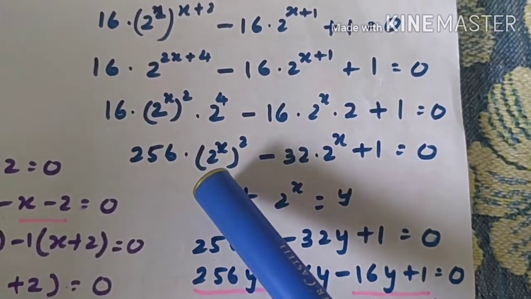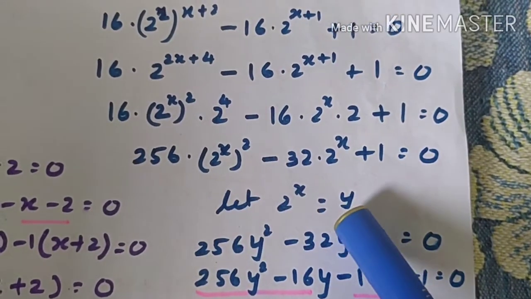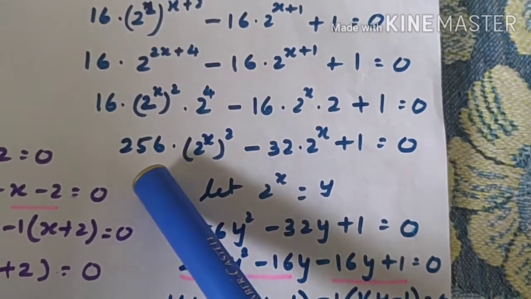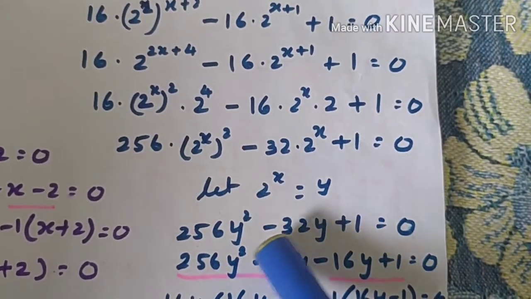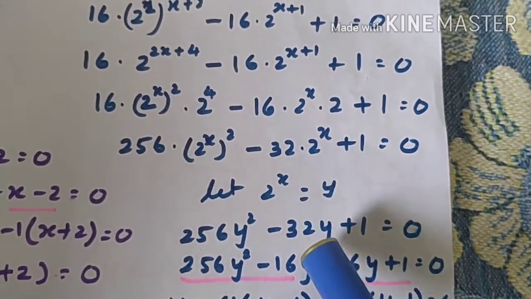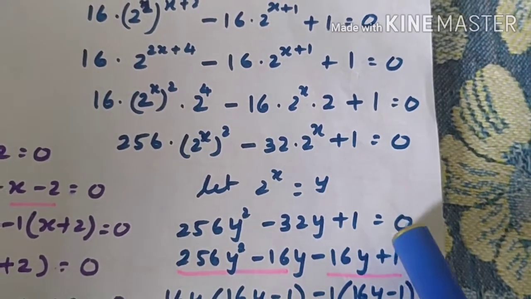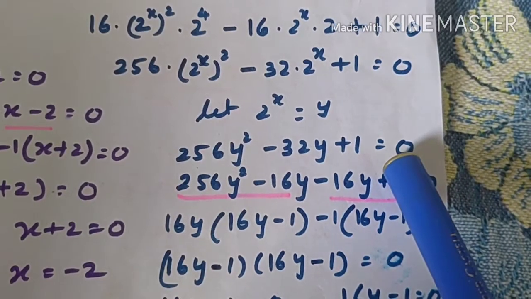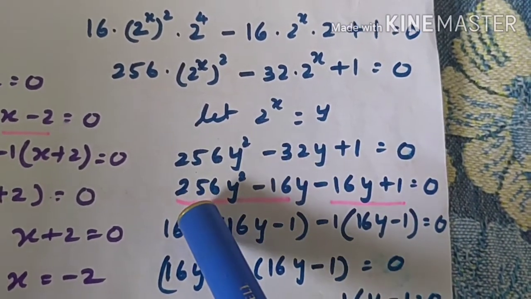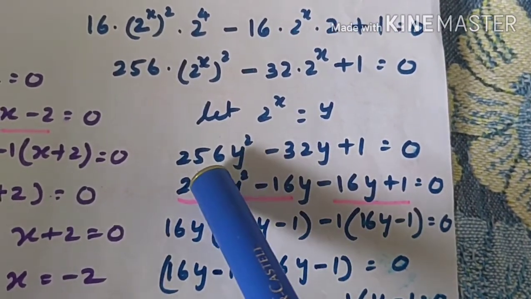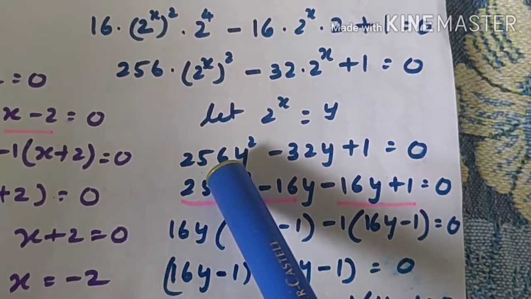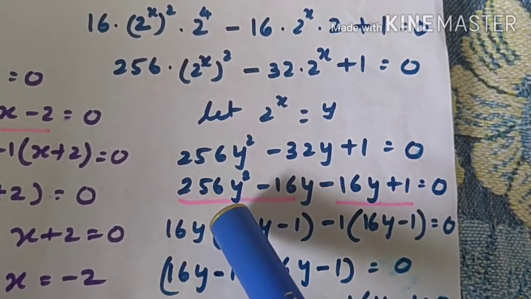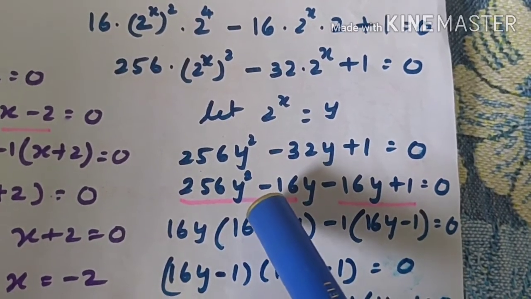Now let 2 raised to x be y. So here the equation will be 256y square minus 32y plus 1 is equal to 0. Now this is our standard form of quadratic equation. Now I will take factorization of 256 and 1. So 256 factors are 16 16s.